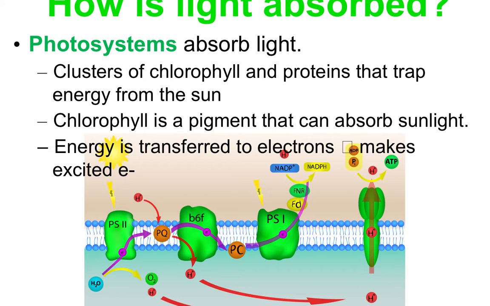All right, so how does that light get absorbed? There are photosystems absorbing light, kind of buried in that phospholipid bilayer. These are clusters of chlorophyll and other proteins that trap energy from the sun. Remember, chlorophyll is a pigment that can absorb sunlight. Energy is transferred to electrons, and it makes that excited electron.